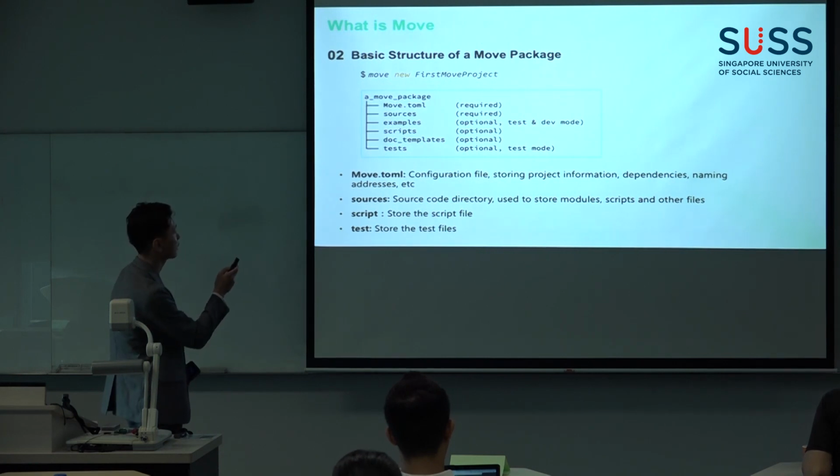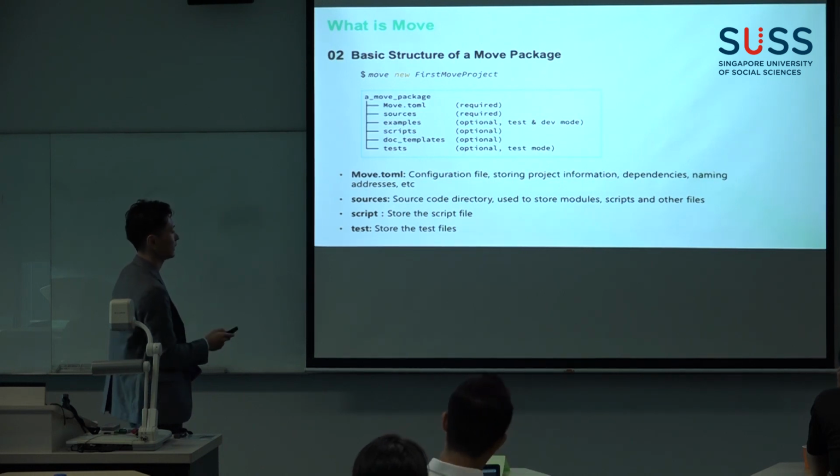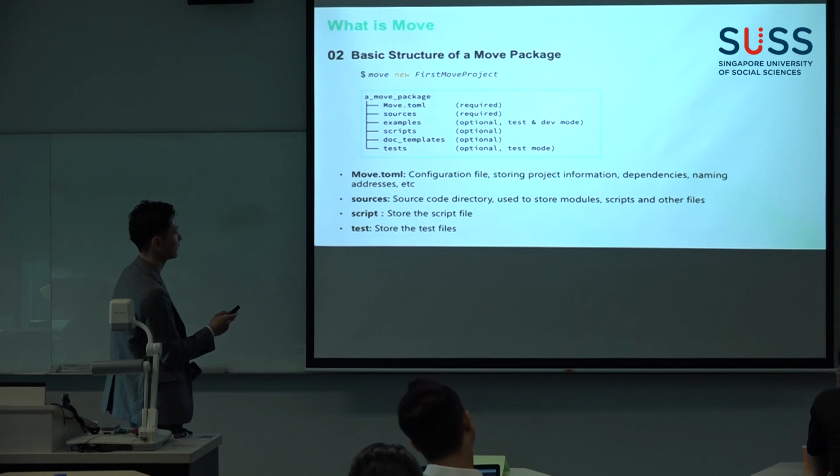Here is the basic structure of a Move package. When you use Move new and the project name, here's the content of the Move package. Move.toml is required. It basically has some dependencies and some intro about the package. The sources directory is also required. It stores the source code.